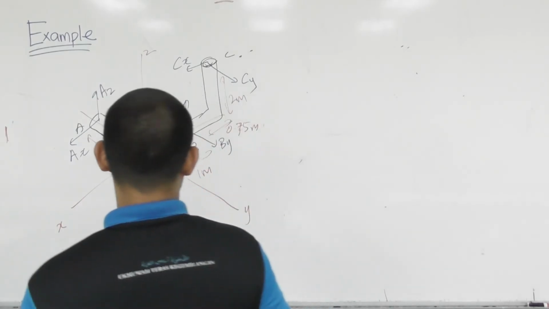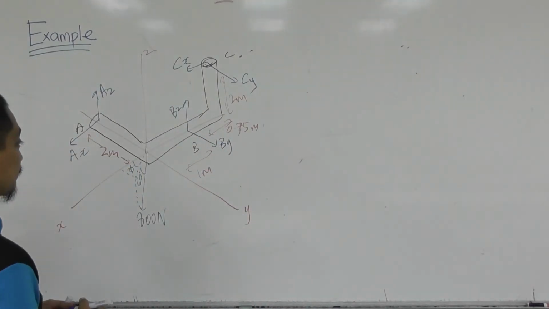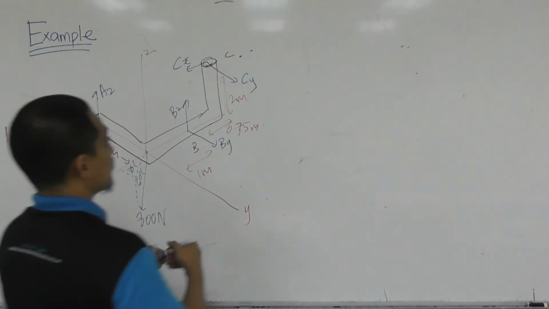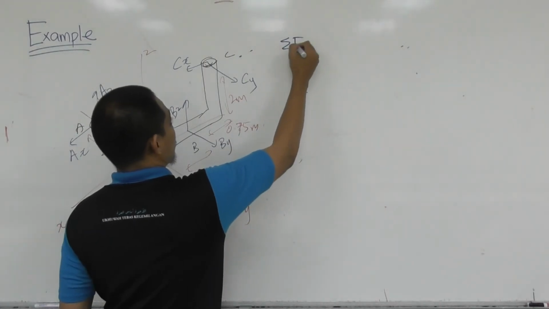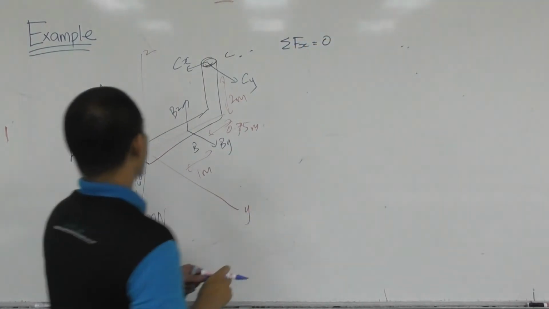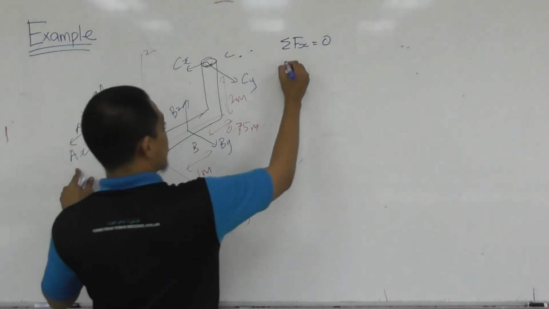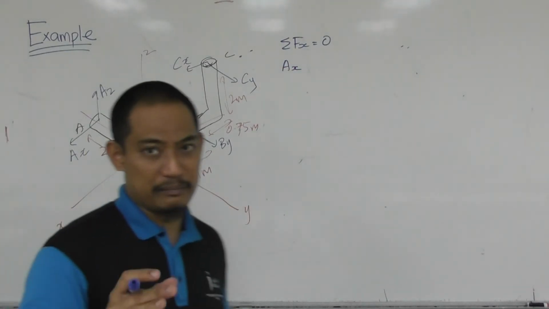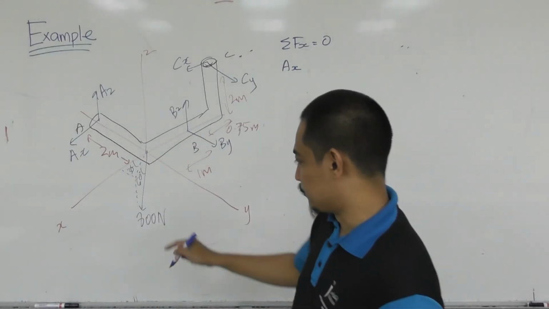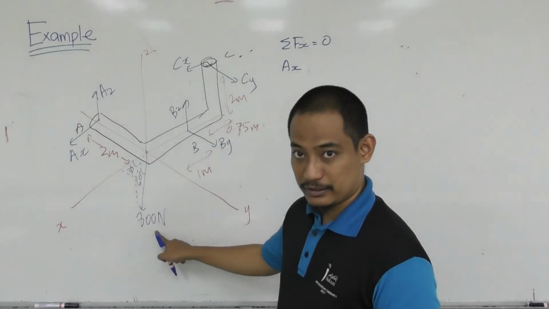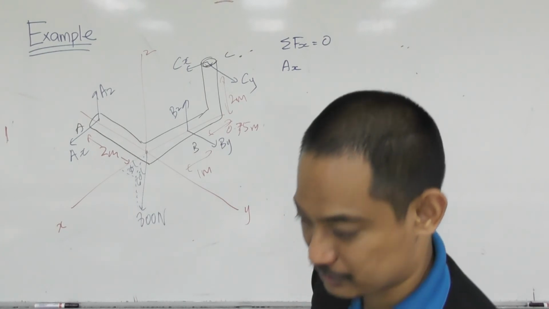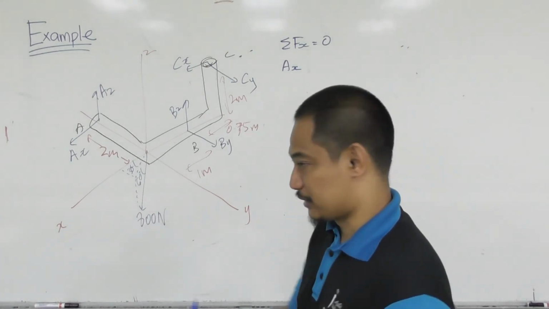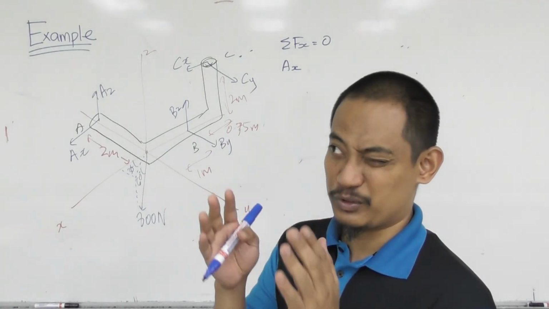So let's go then. If you do summation of Fx equal to 0, then obviously you have Ax. It might be easier to write the force in Cartesian vector form straight away, so that you can see the x, y, and z components.